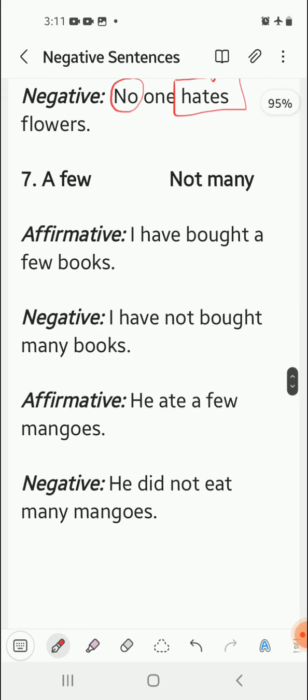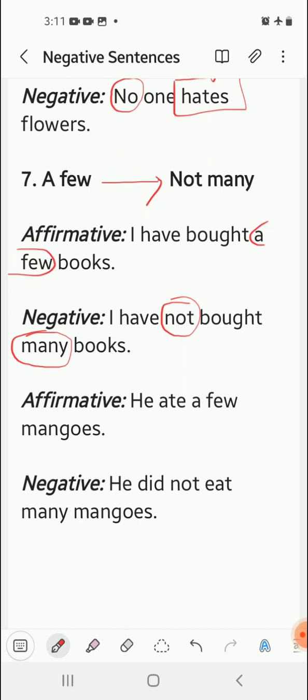Next, rule number 7. A few will change to not many. A few means not many, very less. So in the sentence, see, I have bought a few books. It will become: I have, not is added because of the negative sentence, not bought, and for a few we have used the word many.